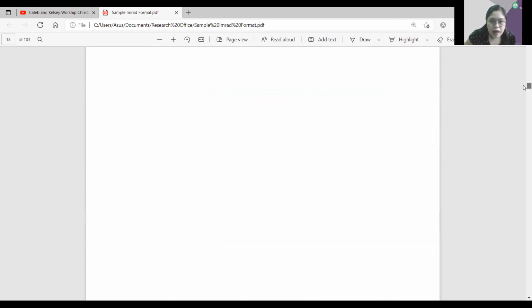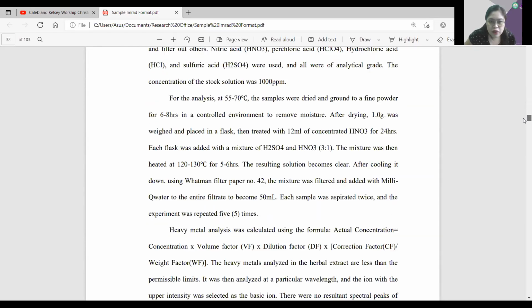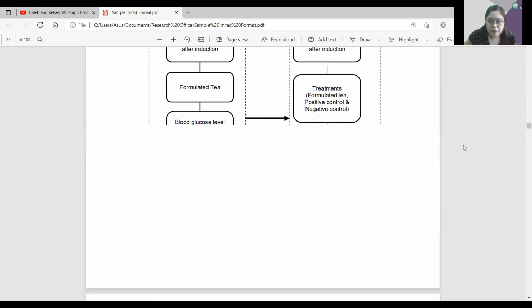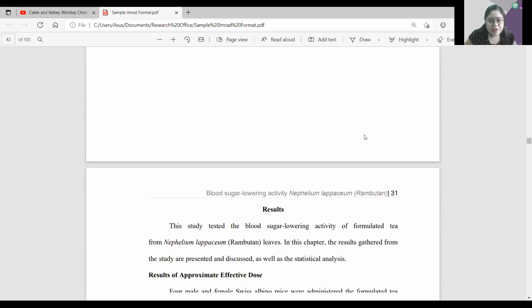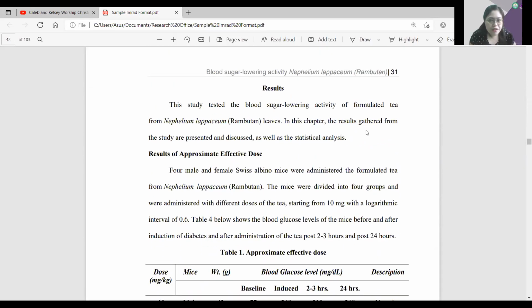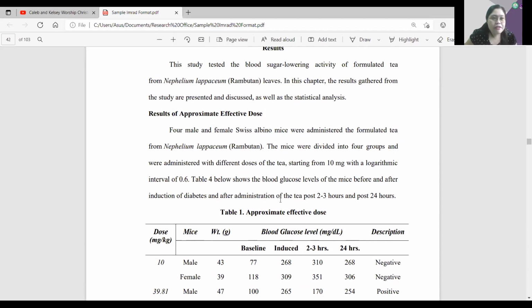So when we look at their results section, okay, this one is the results section of their study. They have the introductory paragraph restating the objective of the study. And then take note, they have now the first result of the study, and that talks about the approximate effective dose.